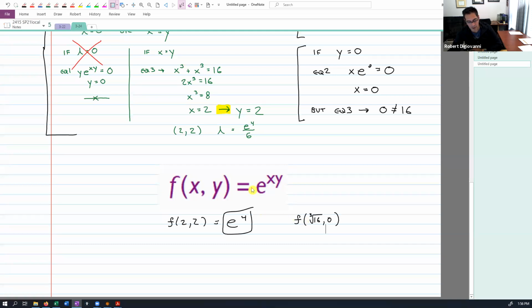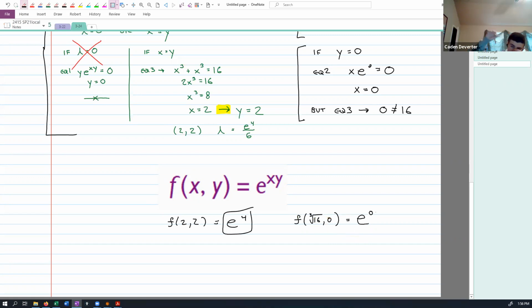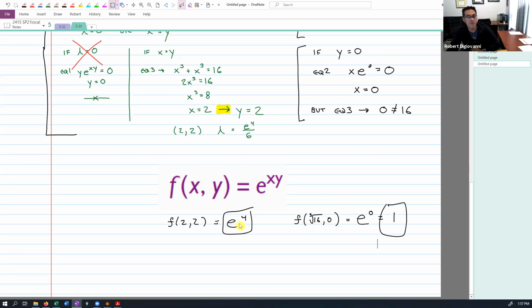But now plug that into this and see what we get. We get e to the what? 0, which is 1. So look, do y'all see that 1 is smaller than this? That means this is a max and there is no minimum.